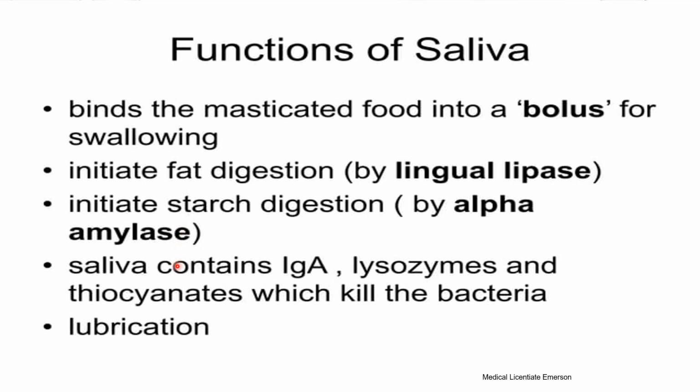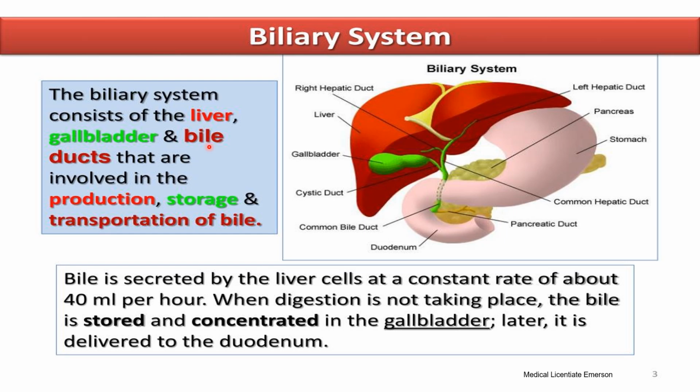Then, since saliva contains IgA, lysozyme and thiocyanates, another function is to kill bacteria due to these contents. The other function for saliva is lubrication. Okay, then we are done with saliva.